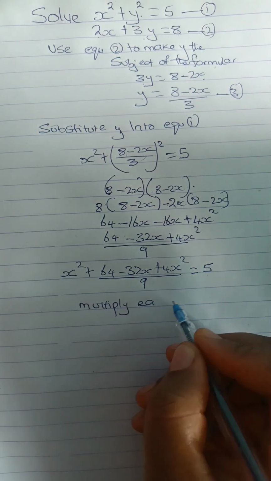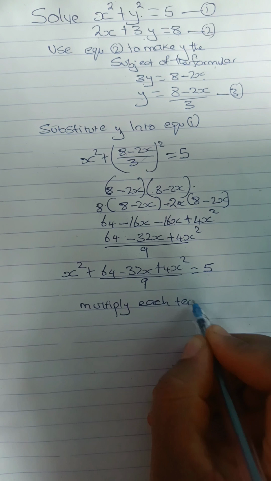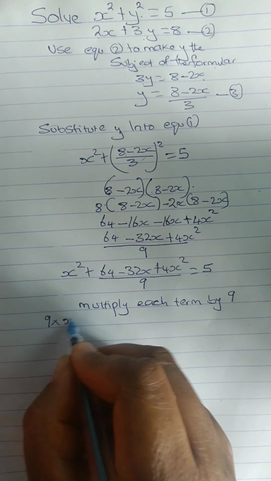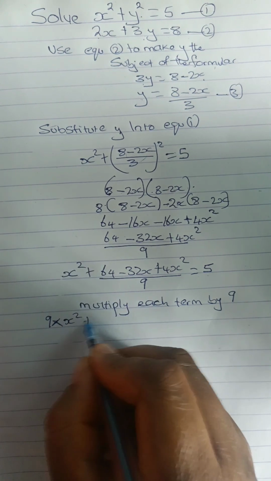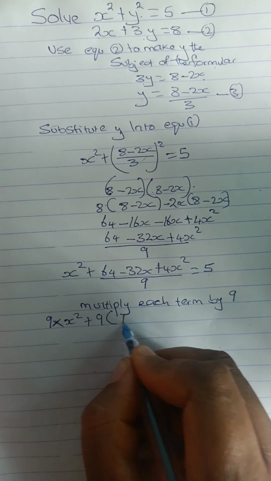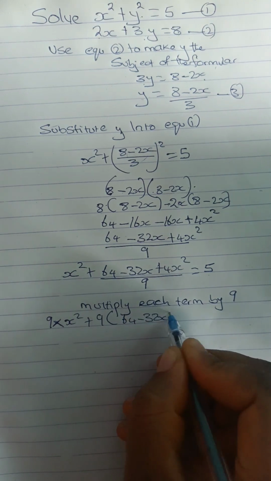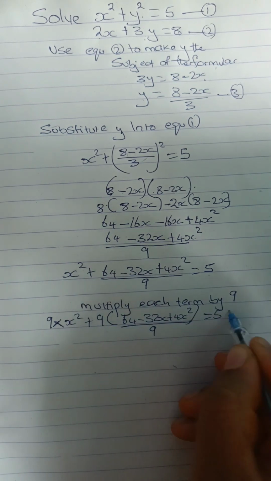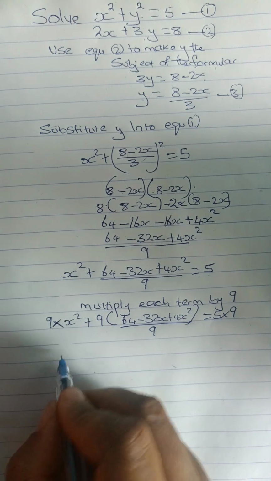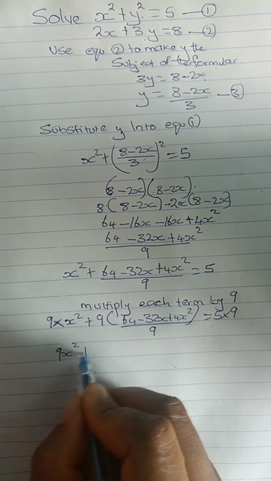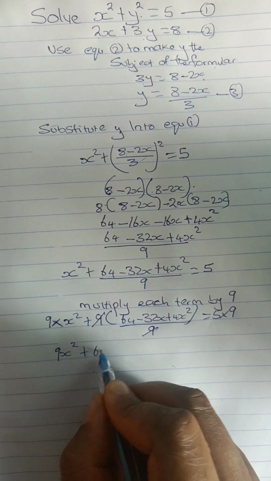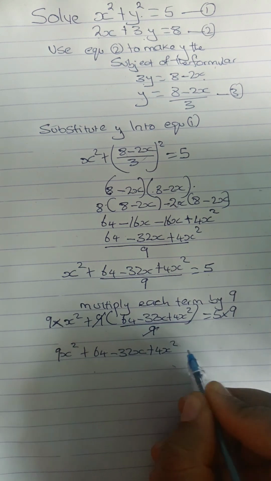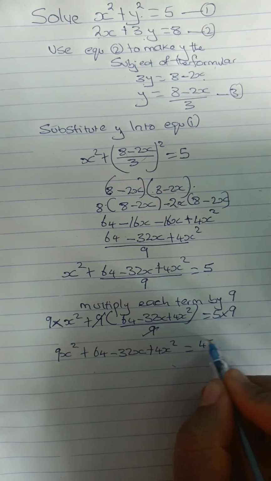Multiply each term by 9. And this is what I mean. 9 times x squared, plus 9 times 64 minus 32x plus 4x squared over 9, equals 5 times 9. So 9 times this is 9x squared plus, the 9s cancel, so we have 64 minus 32x plus 4x squared equals 5 times 9, which is 45.